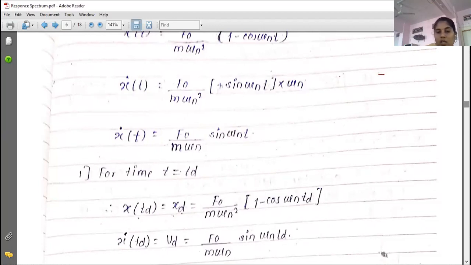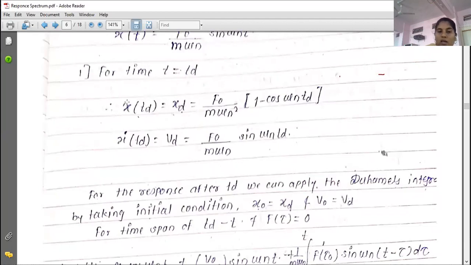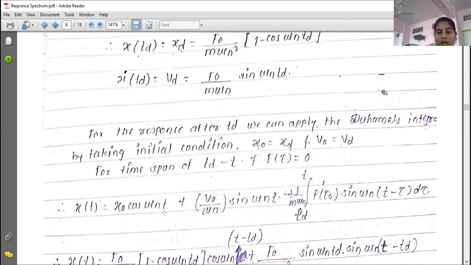And if we apply the boundary condition at time t equal to t_d, then we will get x of t_d and the velocity at t_d. If we use both these values in the original Hamilton's integral, we get the final equation: x of t for t greater than t_d is x naught cos omega_n t plus v naught upon omega_n into sin omega_n t, plus 1 upon m omega_n, integral from t_d to t of f of tau into sin omega_n (t minus tau) d tau.